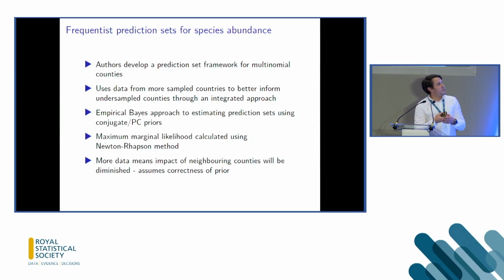Through a development, again, of a Bayesian framework, but in this case an empirical Bayesian framework, it allows for calculating estimates of prediction uncertainty through either conjugate or penalized complexity priors, and then using a marginal likelihood maximization approach through the Newton-Raphson method, we're able to get more efficient parameter predictive sets than under the direct method.